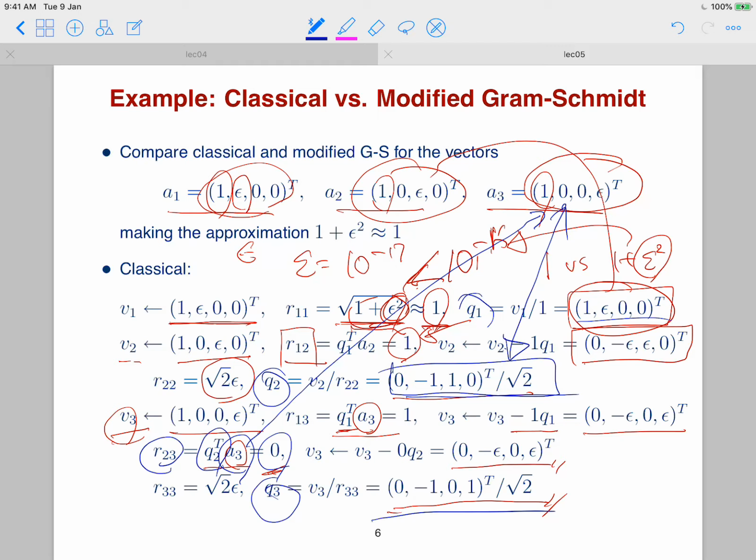And then, so where is this error coming from?